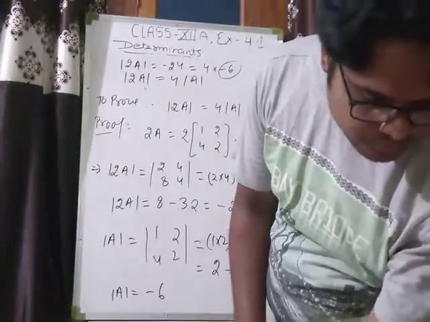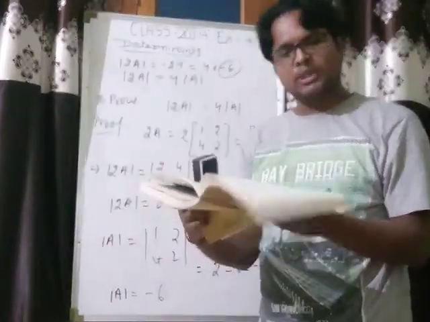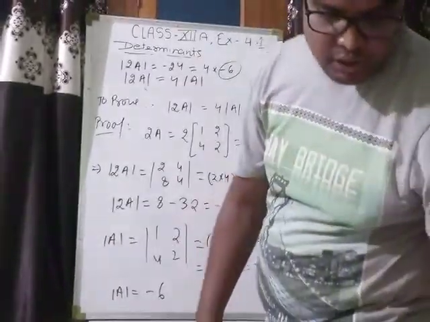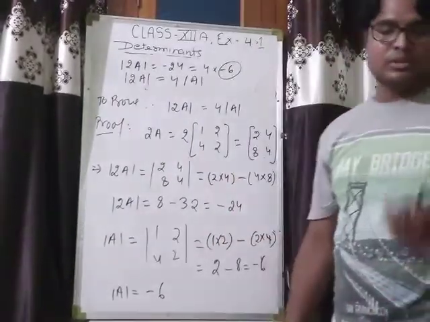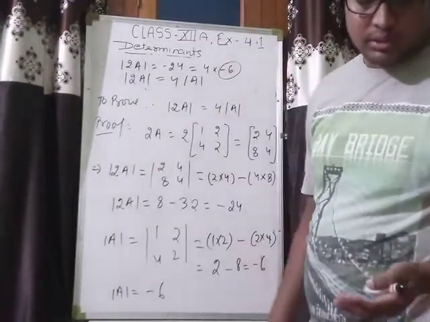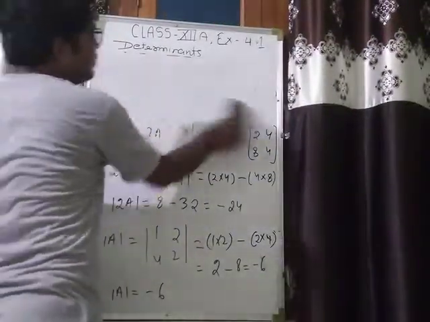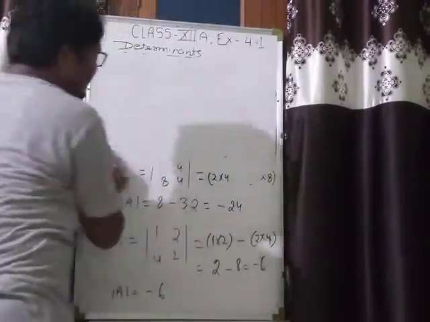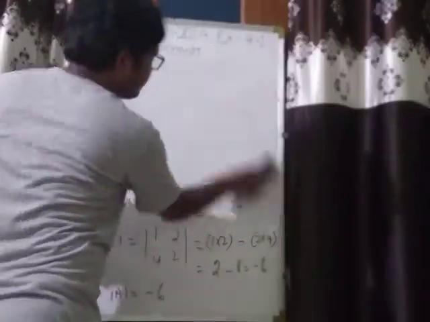Next question is the same. Question number 4 is the same, but I am going to solve this also because this is a matrix of order 3, so I am going to find out its determinant. It will be new for you. So everyone, read question number 4.